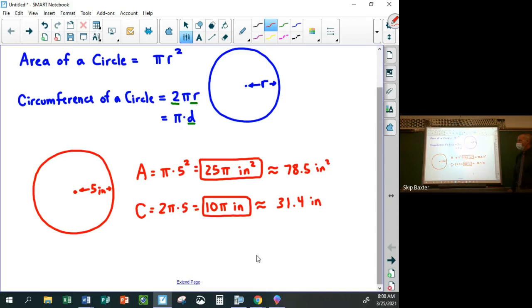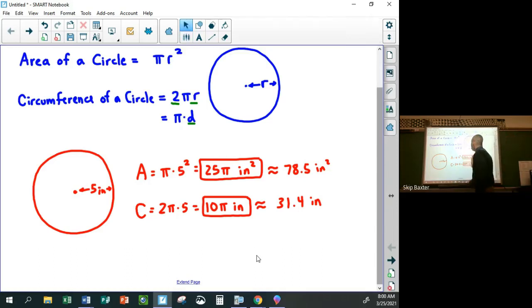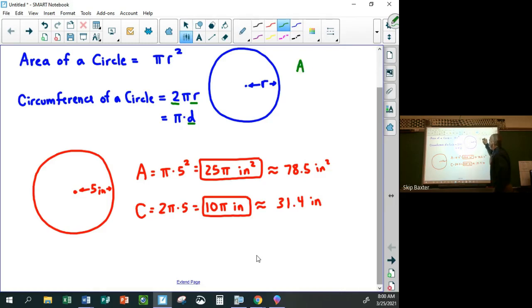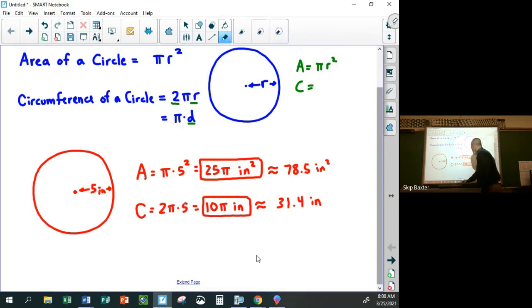Trying to remember, somebody showed me a way to do this one time, like a mnemonic device. Oh, okay, I remember now. So we have A equals pi r squared, C equals pi d.